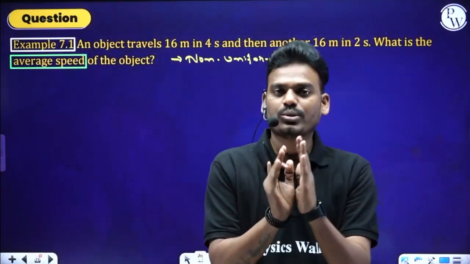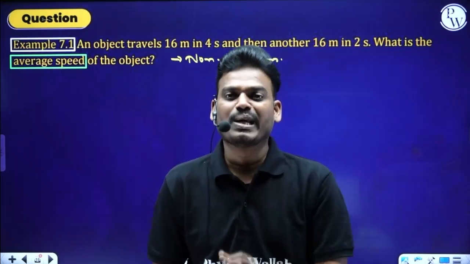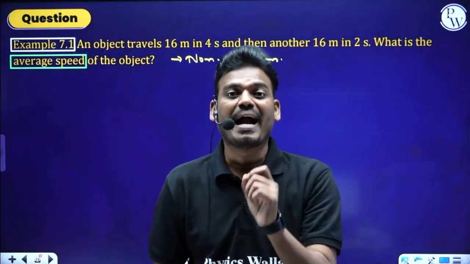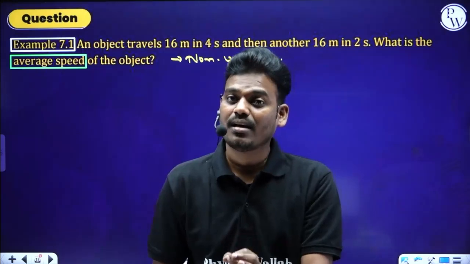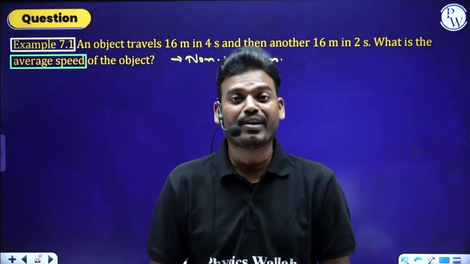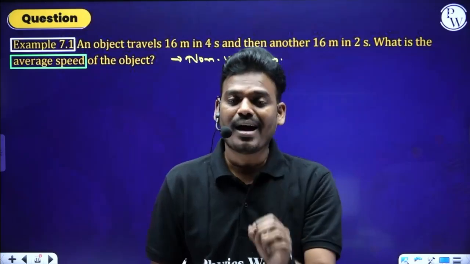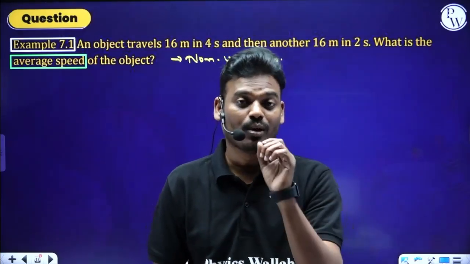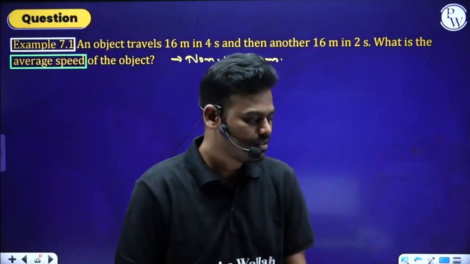Okay, so to solve numerical problems in physics, you first need to follow a systematic procedure so that you will get the total marks given to that particular question. To get full marks in numerical problems, you need to follow a systematic procedure. What is that systematic procedure? Let's check out.